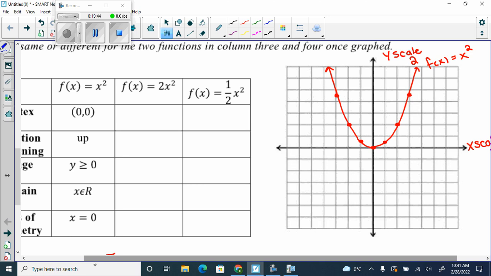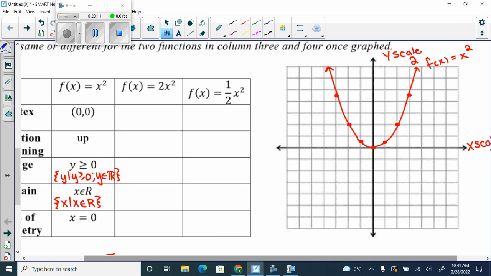The range is y such that y is greater than or equal to 0, and my domain is x such that x is an element of the reals. You can do plain R, or you can do double R, it doesn't matter. And then the axis of symmetry for that one was x equals 0. So we're just copying down what was above, correct?